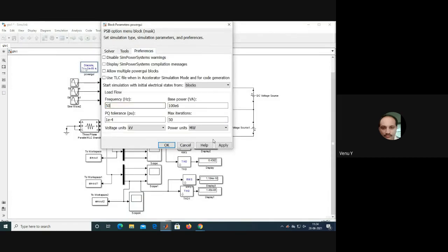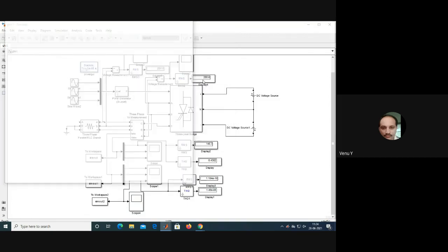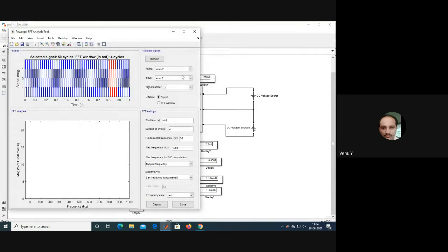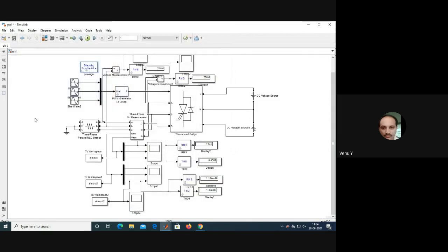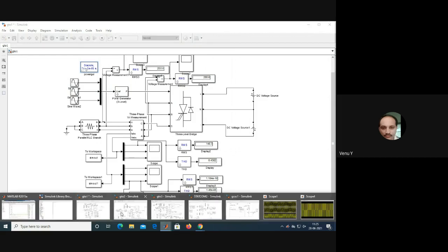It is 50 Hz. You are not getting it. Okay. We have to diagnose it. What is this problem? We'll see that.